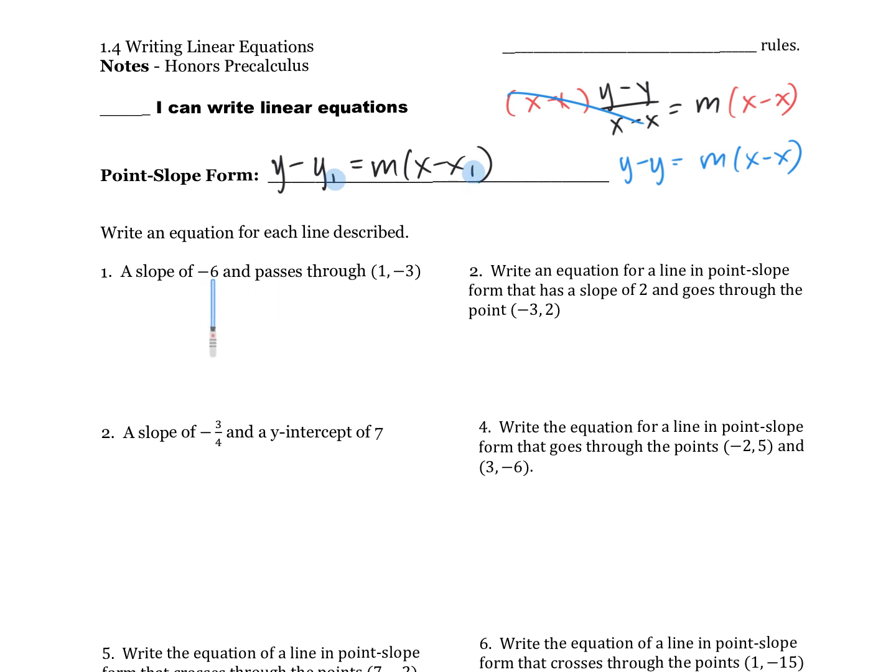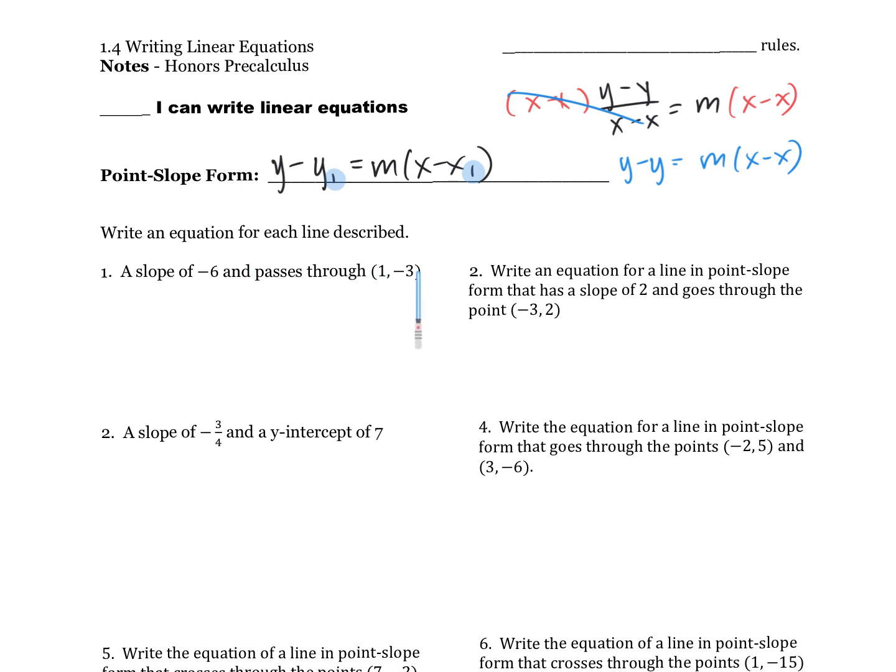So here's all we've got to do. If they give you a point like this one and a slope, we just plug them in where the point and the slope go. You guys, the little subscripts mean plug in here. It's almost like that coin slot for a gumball machine. You're going to put the point here, not for this x or this y.